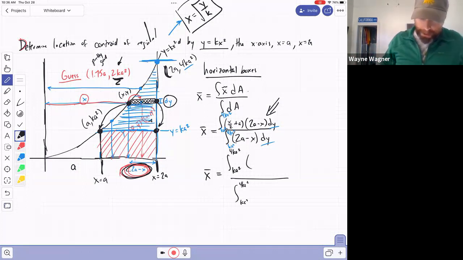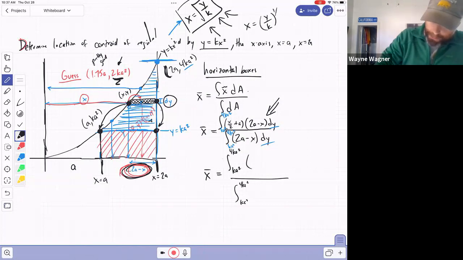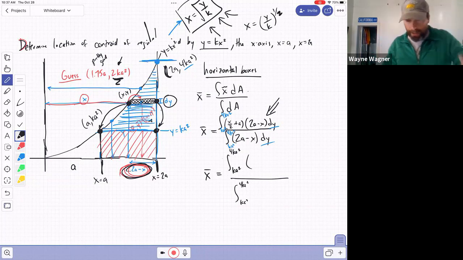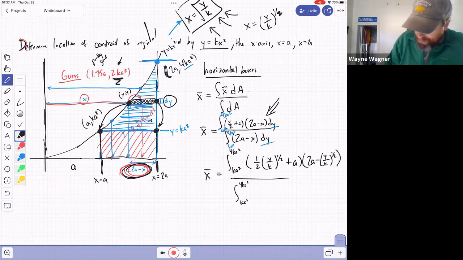All right, so I convert my x's to y's, and I would use this equation right here. So again, super annoying. I would probably write this as x equals y over k to the 1/2, just because for doing derivatives and integrals, that can be easier. And again, you can see that this is going to be really annoying: 1/2 times y over k to the 1/2 plus 2a minus y over k to the 1/2 dy.